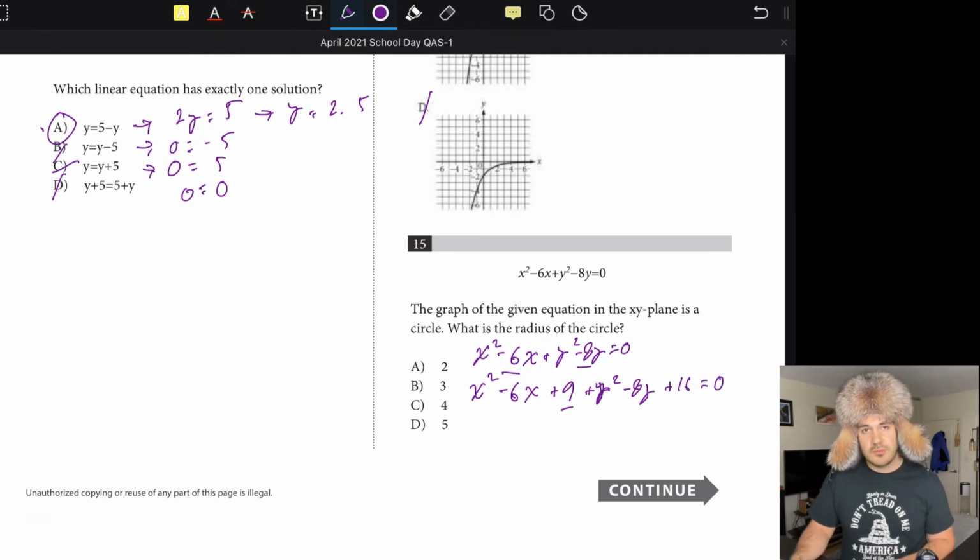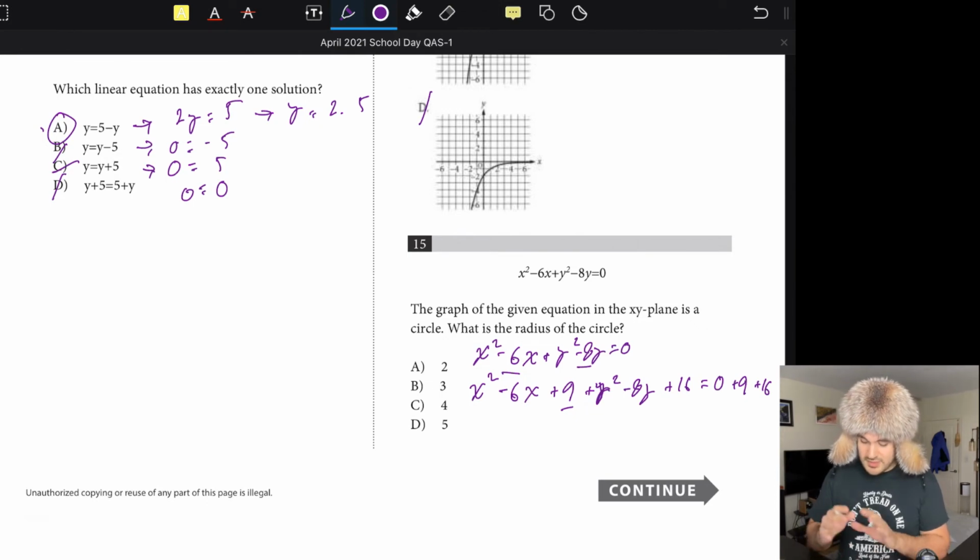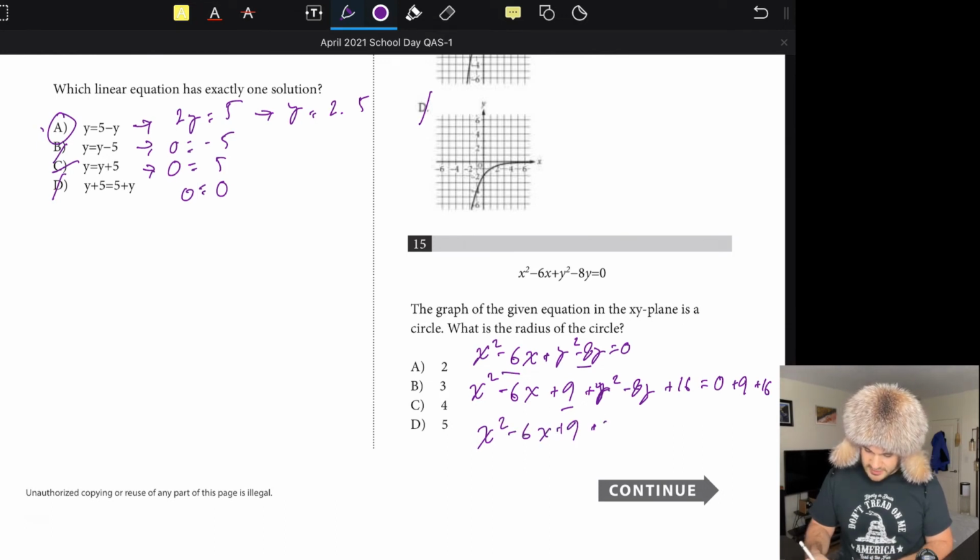But now we have to add those numbers to both sides, because you can't just add them to the left side. You have to also add them to the right side. Plus 9 plus 16. So in summation, what we're going to get is x squared minus 6x plus 9 plus y squared minus 8y plus 16 equals 25.